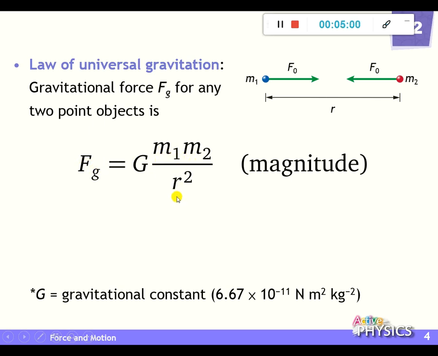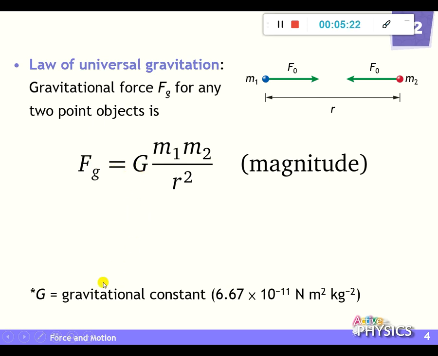The other factor affecting it is the separation between these two objects. Of course, linking up the force in between will be a constant. In mathematics, we say that it is a proportional constant.